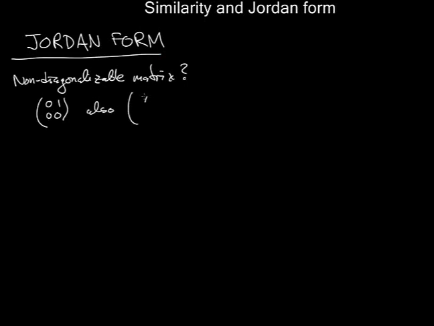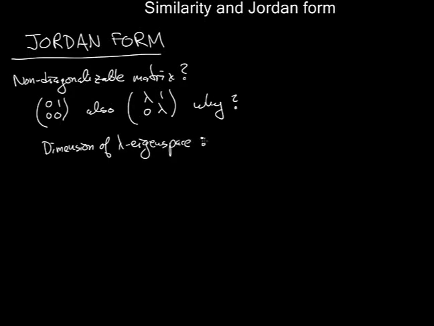Well, the main point is we need to come to terms with these non-diagonalizable matrices. We know how to diagonalize a matrix. What's the best we can do if it's not diagonalizable? And we saw this example 0, 1, 0, 0. A very simple generalization of this is lambda on the diagonal with a 1 in the upper right hand corner. This is very similar. This is not diagonalizable. Why not? Well, it's essentially the same reason. How do you check if something's diagonalizable?